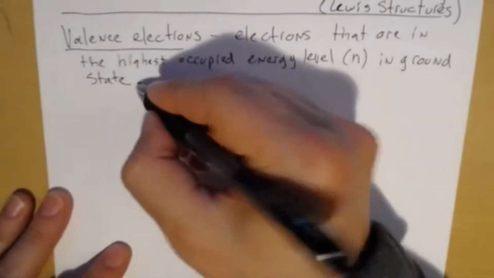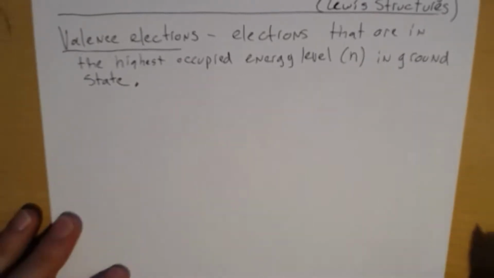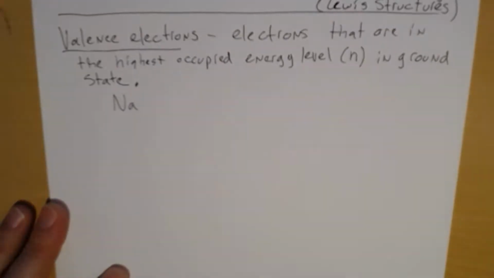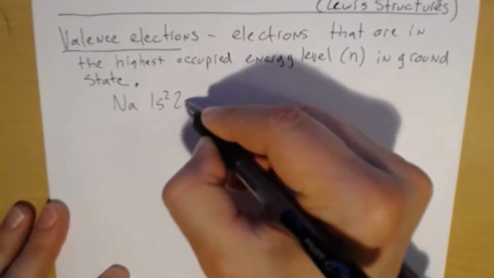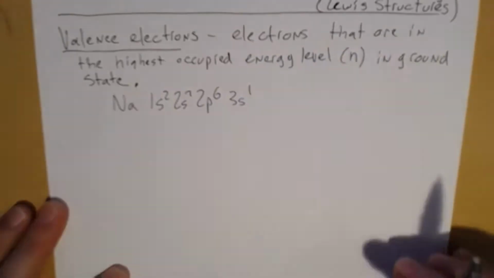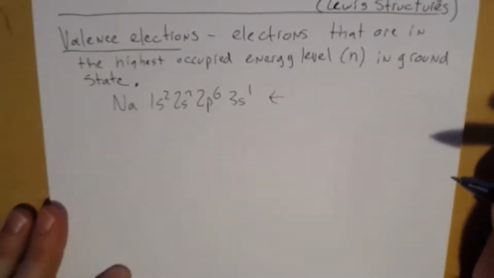There's kind of a shortcut for this as well. Well, let's do an example first. So sodium is 1s2, 2s2, 2p6, 3s1. What's the highest n here that I see?